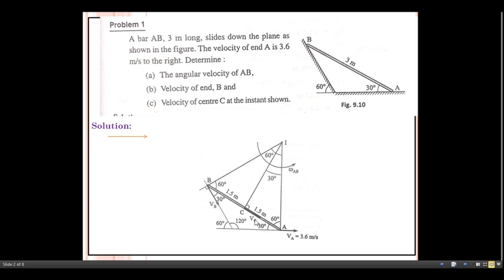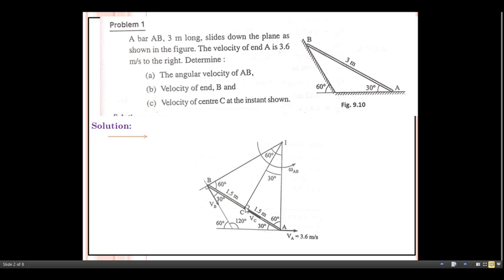This component is nothing but the VC component. Join this point with the instantaneous center, and draw one line perpendicular to it. This is nothing but the vector VC.